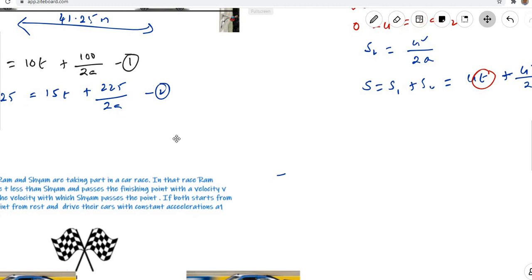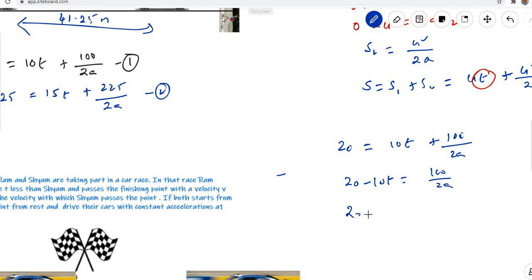So the first equation we got is 20 is equal to 10t plus 100 by 2a. Okay, so I'll do this one. 20 minus 10t is equal to 100 by 2a. So from this, what is 2a? 100 upon 20 minus 10t.